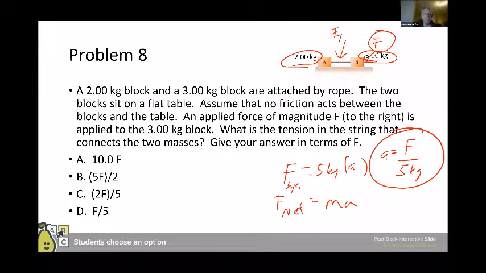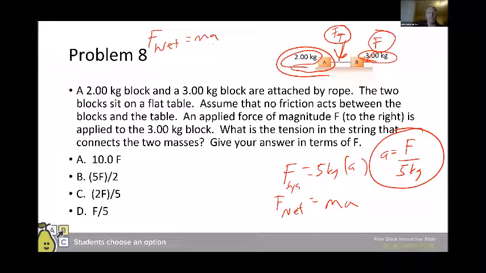Now that's the acceleration of the whole system. That's also how much each box is going to accelerate because they're attached together. This tension in this rope is the net force that acts on just this box. So now instead of thinking of the whole system, think of just box A. For that one, F net is going to be equal to MA.